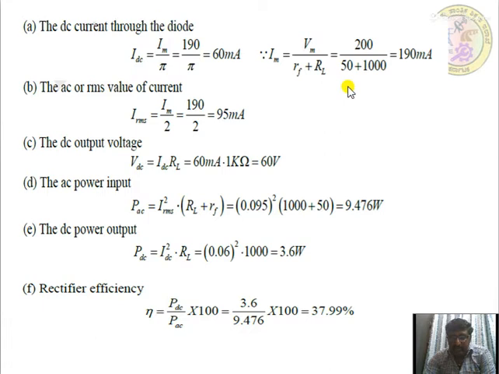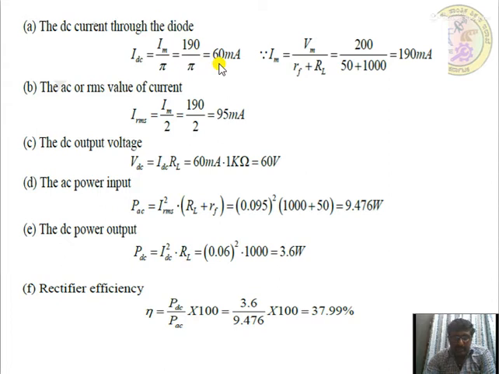The forward resistance is 50 plus the load resistance of 1 kilo ohm, that is 1000. If we calculate, we get 190 milliamps. So this is the IM value. Taking IM equal to 190 milliamps divided by pi, we get a 60 milliamps value. So this is the DC current through the diode, IDC equal to IM by pi.